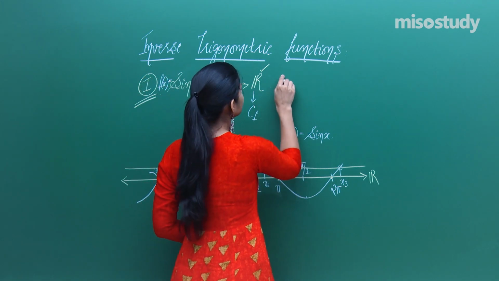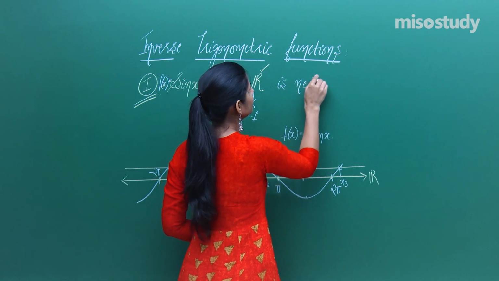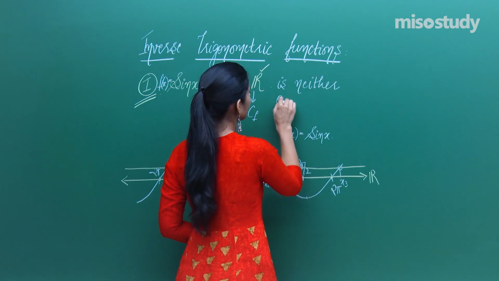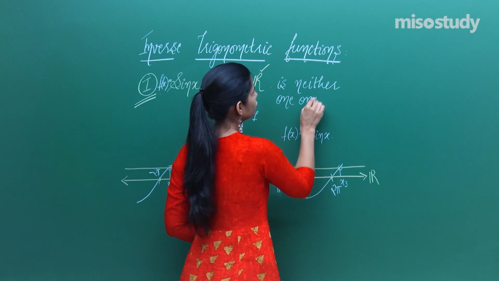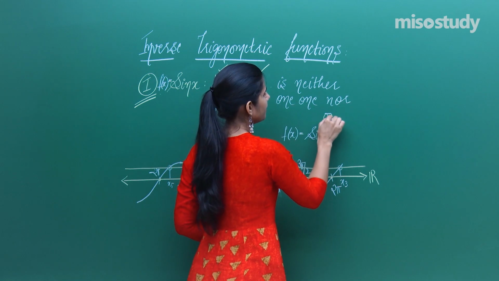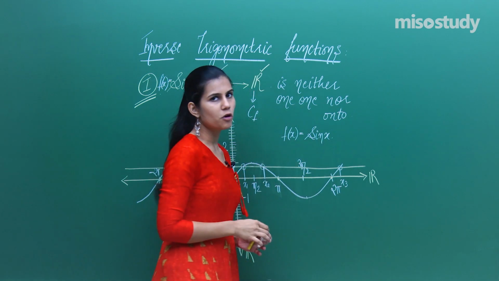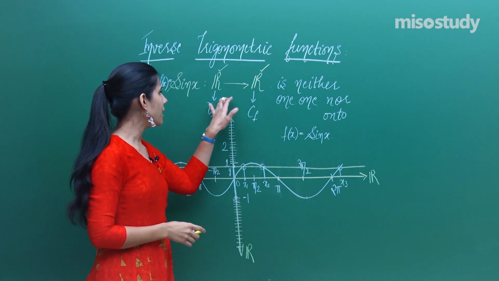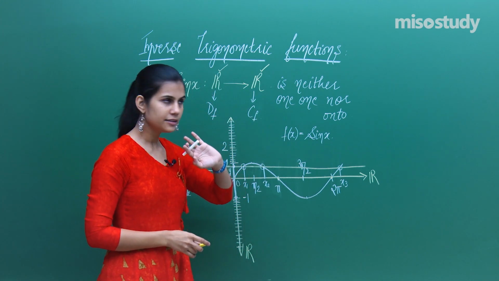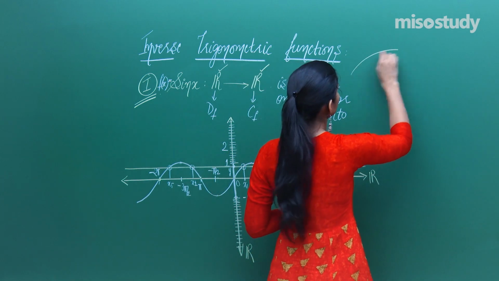From R to R it is neither 1-1 nor onto. Therefore, there is absolutely no question of finding the sine inverse from R to R, right? Let's move to the next step.